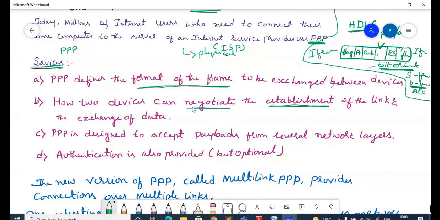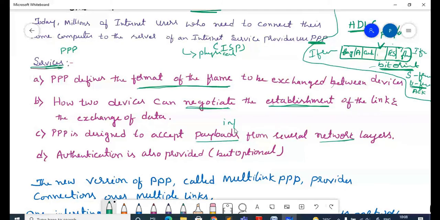Okay, point-to-point protocol is designed to accept payload from several network layers. Accepting payload is nothing but accepting data or information. Don't get confused with the terms. Normally, instead of user data or information, we'll be using the term payload. When you are dealing with frames, you need to use the term payload.